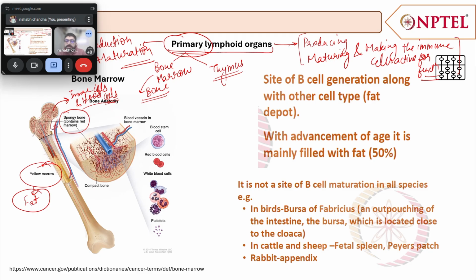This red marrow contains blood stem cells called hematopoietic stem cells.